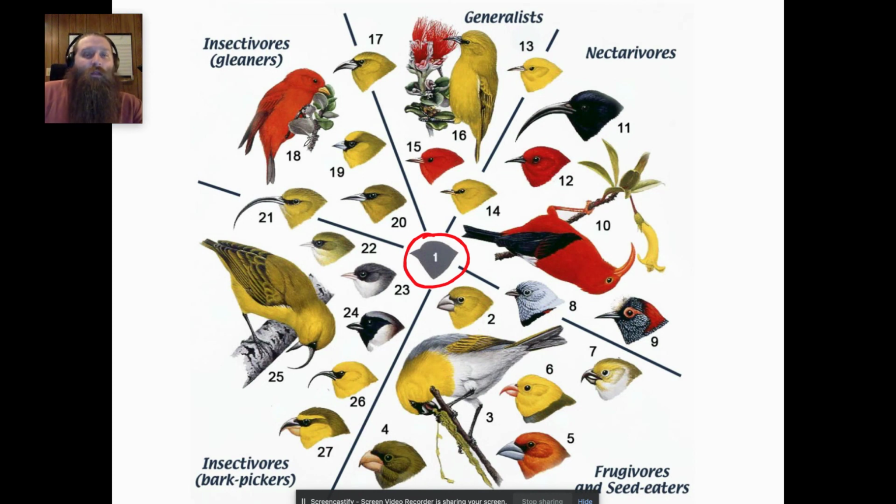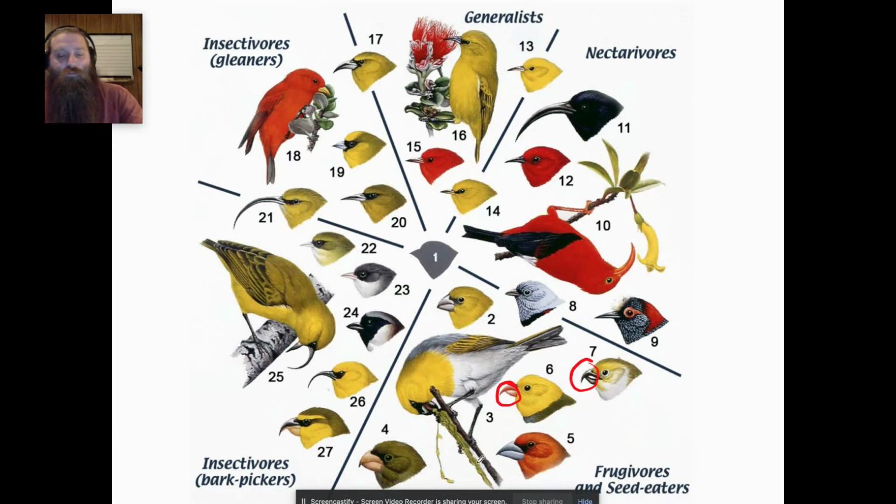Some of them, like these 18, 19, and 20 here, eat insects. There are the generalists who eat quite a few different things. There are nectivores, which are birds that go after nectar. See a great example of a bird whose beak is perfectly adapted to fit into the flower structure of the plant that it feeds on. We have the frugivores and the seed eaters, which also have highly specialized beaks.